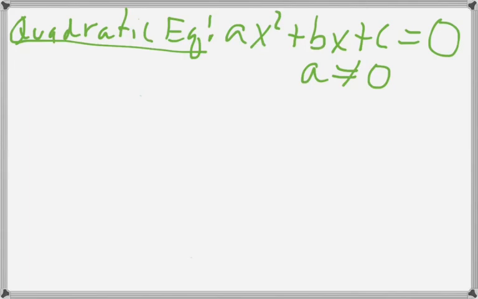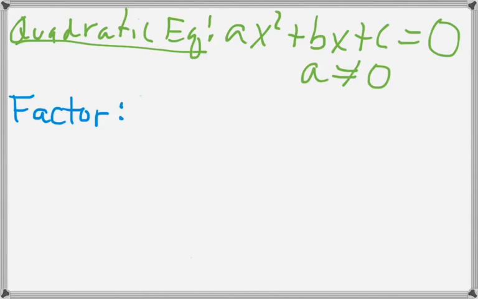So to solve this equation, where we have a quadratic on one side and 0 on the other, we're going to factor the left side. And when we say factor, let's think about what we mean by that. The word factor kind of implies multiplication, right?